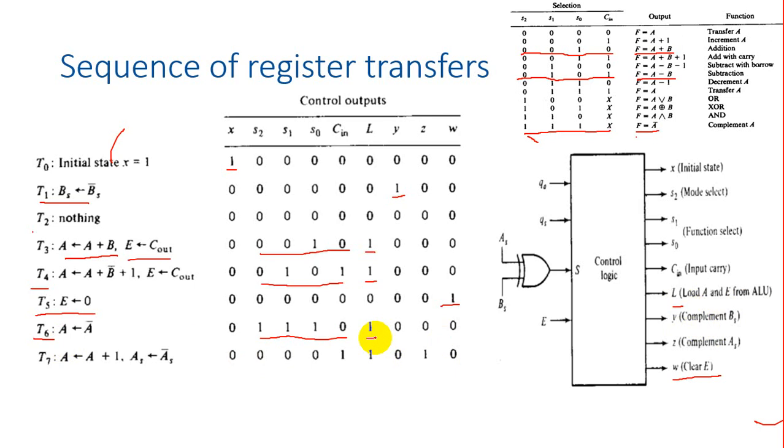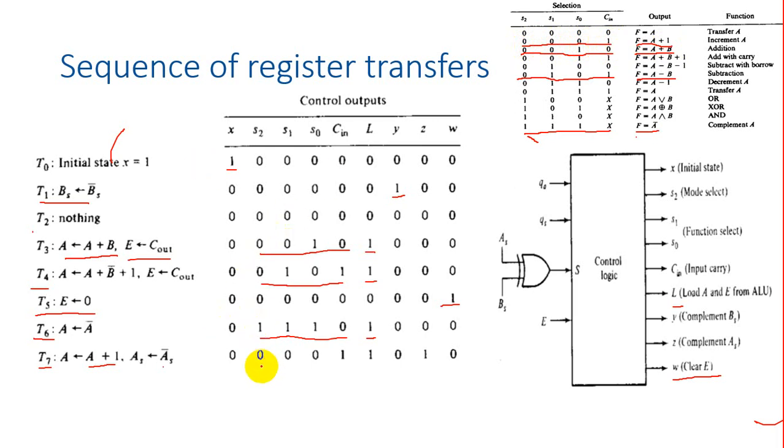Okay. At clock cycle T7, what happens? Increment A. This is the increment of A and invert the sign of A. So how to increment A? Go over here. A plus 1. Increment A. What is the control word? 0, 0, 0, 1. So look at over here.